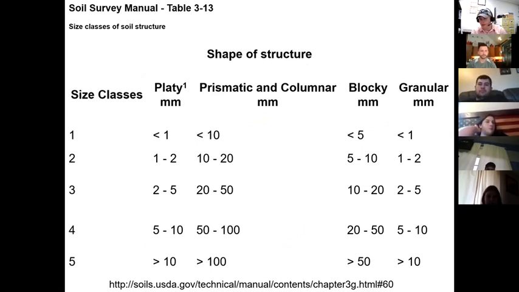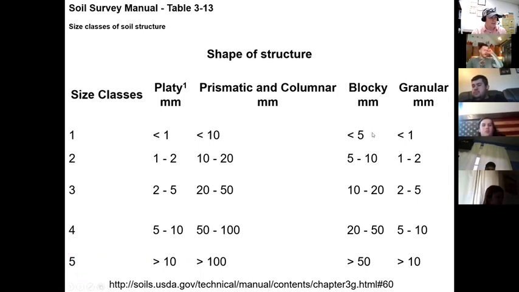Don't pay attention too much to this slide right here. If you were to go out and field evaluate this stuff, these are some size classes that you might break things up into. So basically, there's 5 size classes, 1, 2, 3, 4, 5. If we're talking platy, anything that's less than a 1, we're going to size into class 1. If it's bigger than 10 millimeters, we're going to size it into class 5.